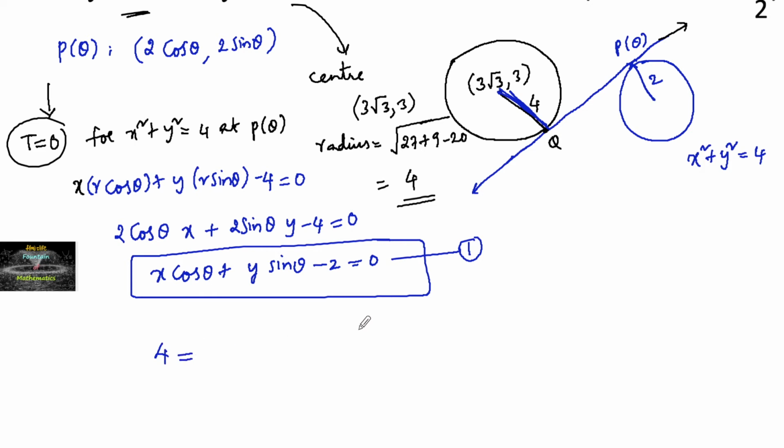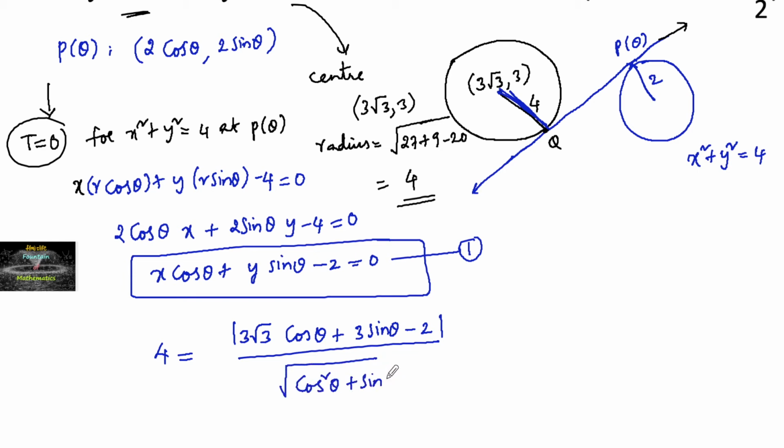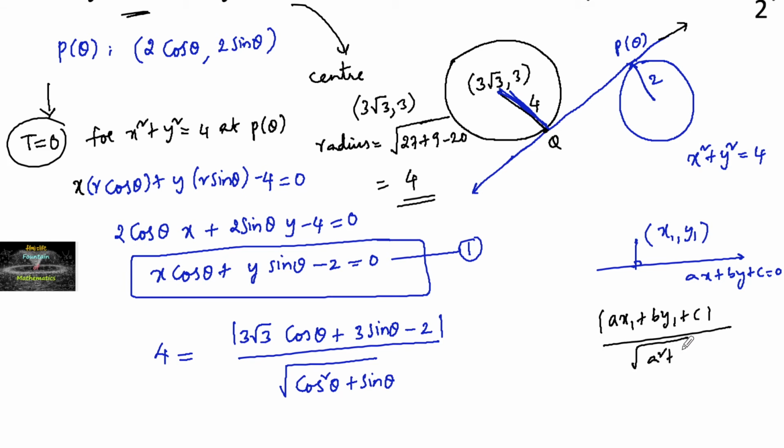So 4 units is equal to 3 root 3 cos theta plus 3 sin theta minus 2 upon root over cos square theta plus sin square theta. Since I am using the perpendicular distance formula, from x1 y1 to the line ax plus by plus c equals to 0, the perpendicular distance formula is ax1 plus by1 plus c upon root over a square plus b square.